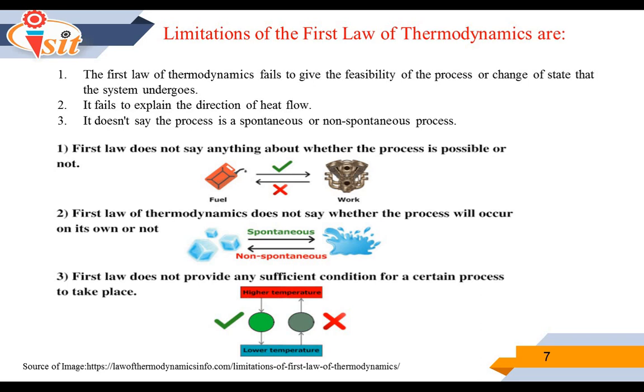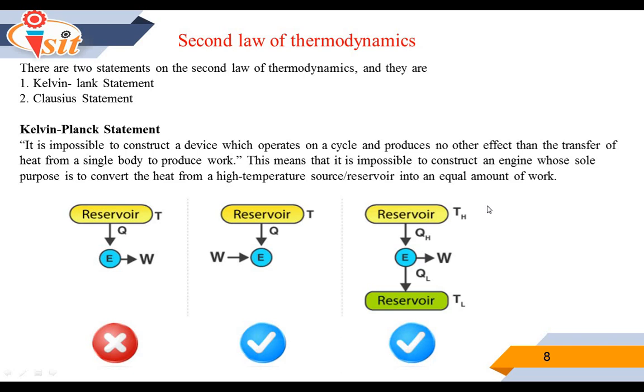Is there any condition for transferring heat from lower to higher temperature body? So the first law of thermodynamics does not provide any sufficient condition for certain processes. Okay, so these are the limitations of the first law of thermodynamics.